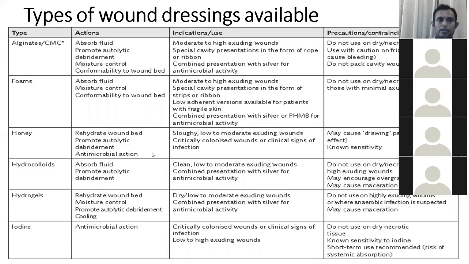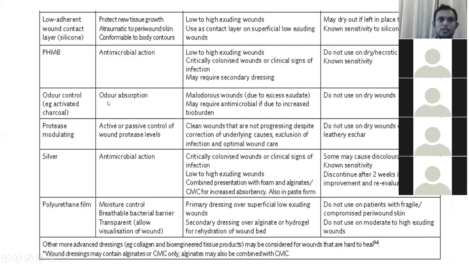So another type is silicone dressings, which we don't actually use a lot. Those are non-adherent, low adherent ones. There are dressings which have a silicone primary layer and attached to it some foam, and those are combined dressings.